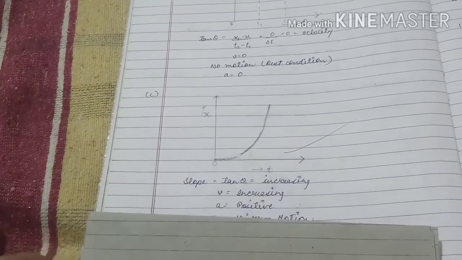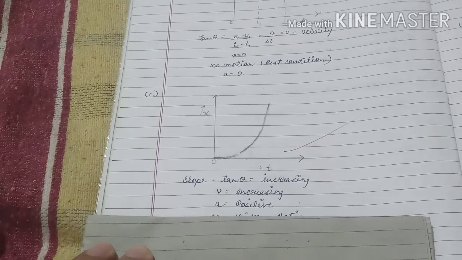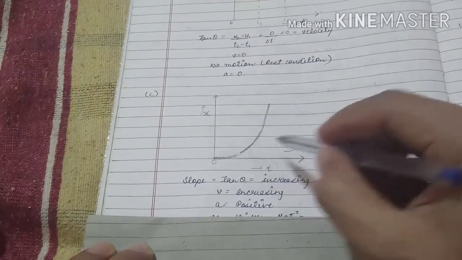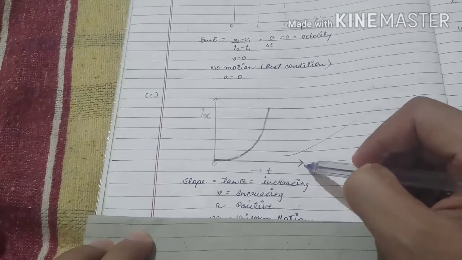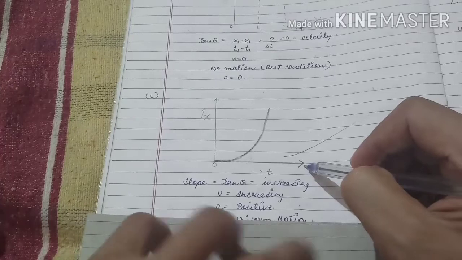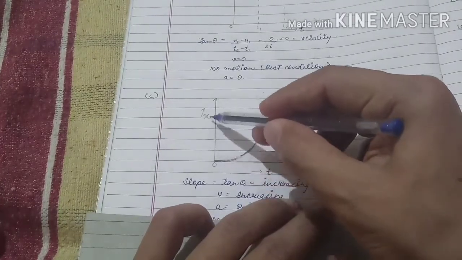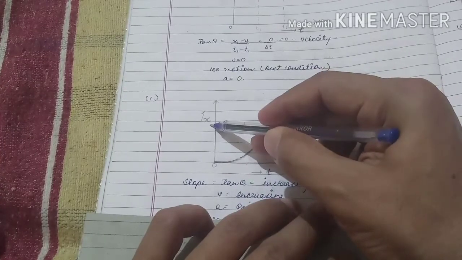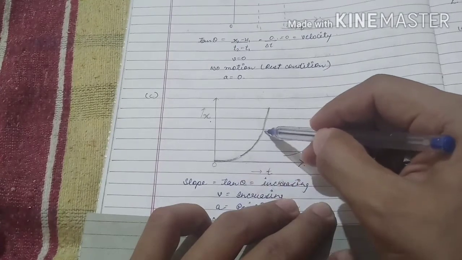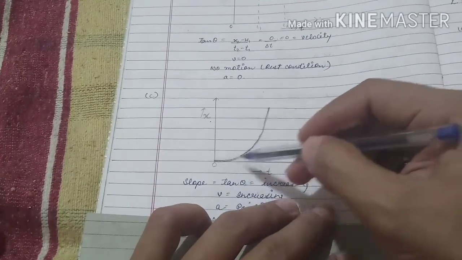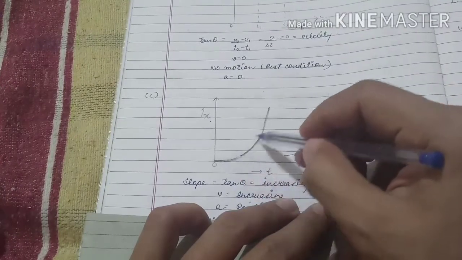Okay, but in this graph you can see we have a different property. Look here, this is our time axis. The x axis represents the time, increasing in the x direction, and this y axis represents our displacement x. Okay, when time is increasing towards the right side of the graph, then x is also increasing.